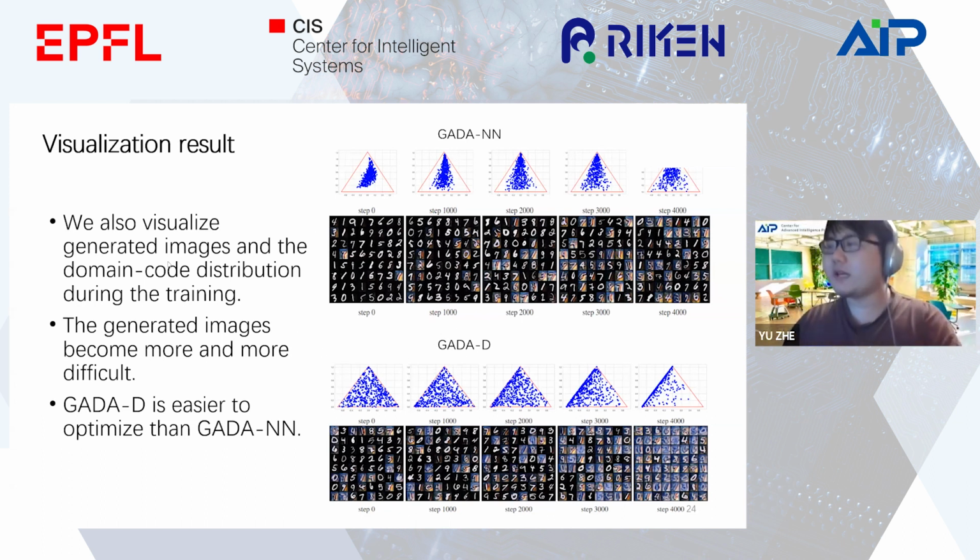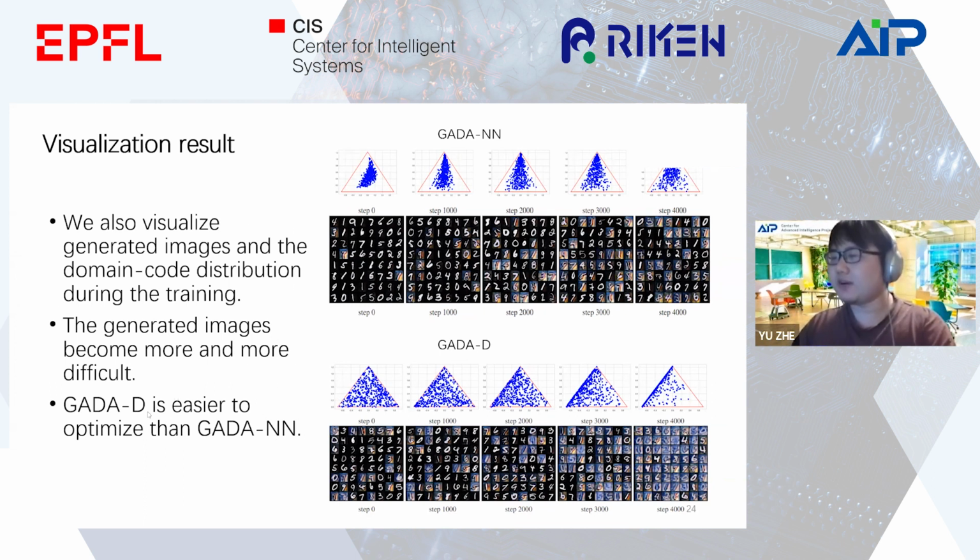We can find the generated images become more and more difficult. Intuitively, MNIST images should be the easiest domain in the digits task. The images become more and more colorful, indicating that the samples become more and more difficult. So this is the first thing we can find in the visualization result.